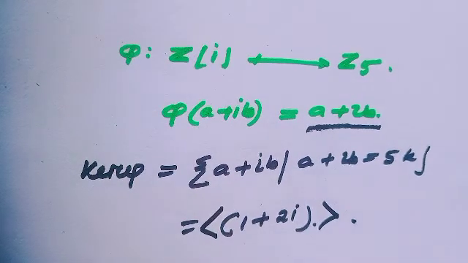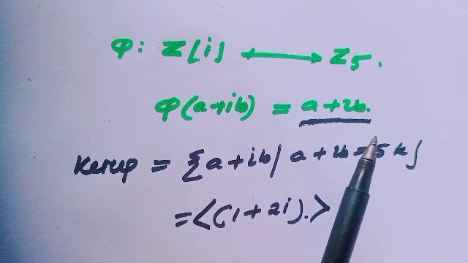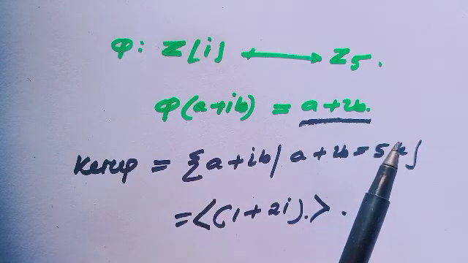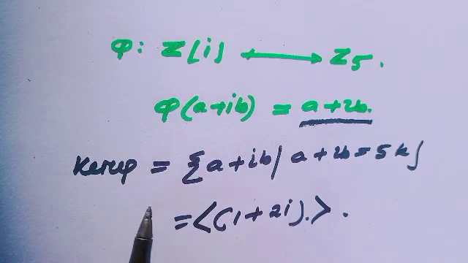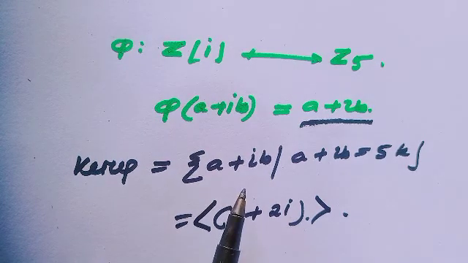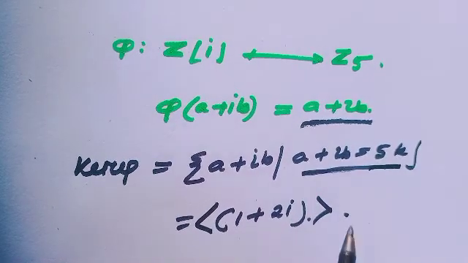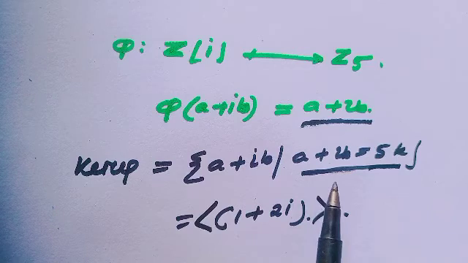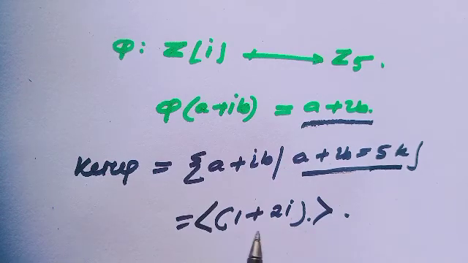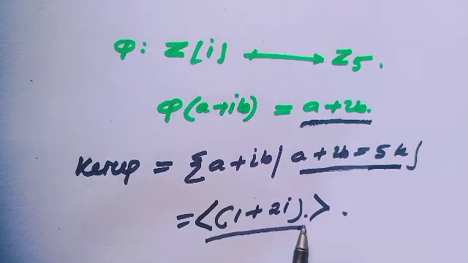And here obviously this mapping is a ring homomorphism; just check it yourself, this is very easy. And the kernel of phi equals the set of those Gaussian integers such that A plus 2B equals 5k. And this is actually the set of all Gaussian integers which are multiples of 1 plus 2i.